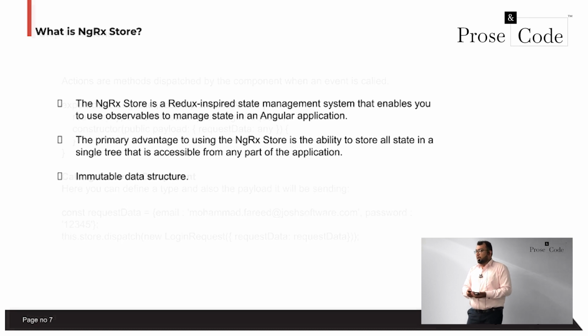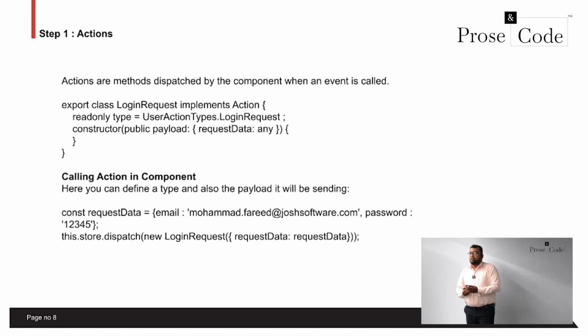That will restrict you. Let's see with an example how exactly these building blocks are performed. Step 1, we have actions. As said, actions are defined by action types. This is a small action class which implements the Action interface. It accepts a payload of request data.